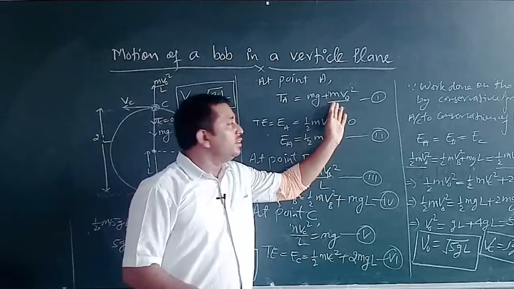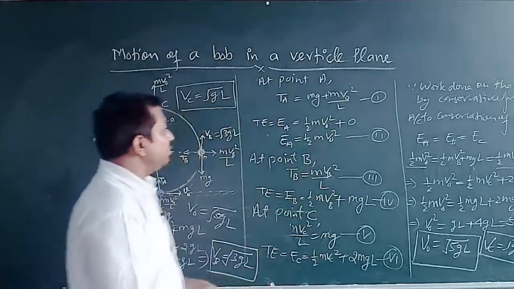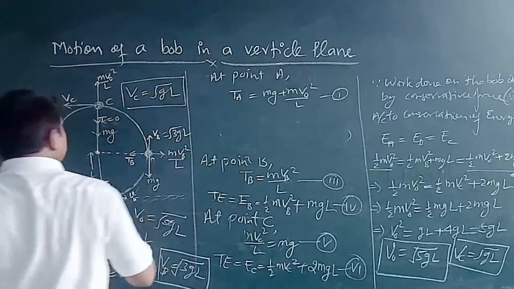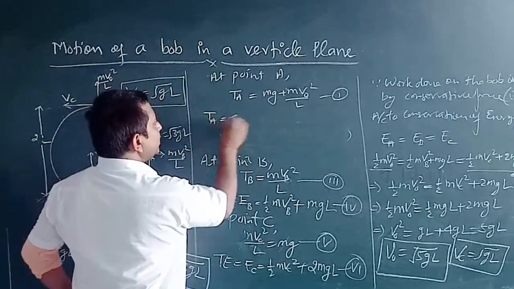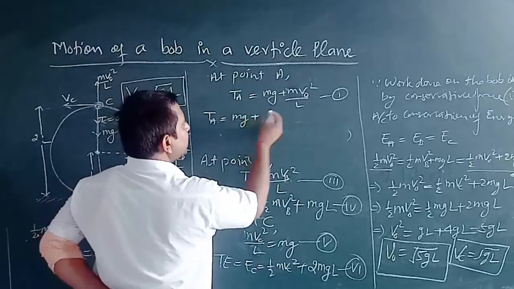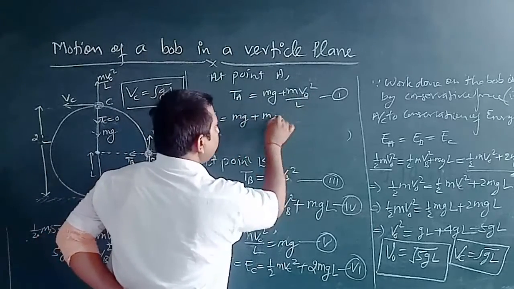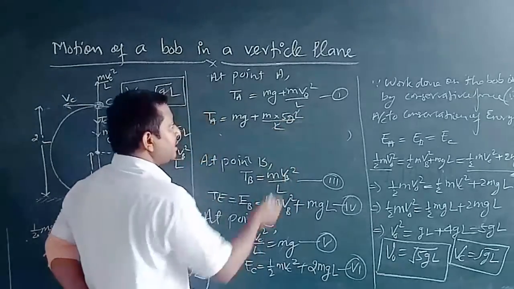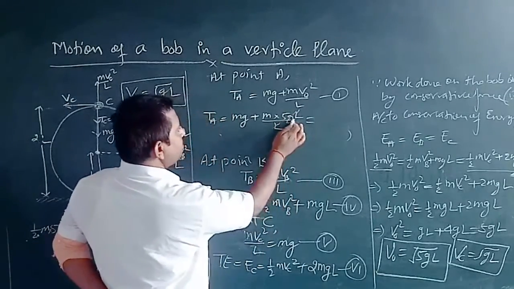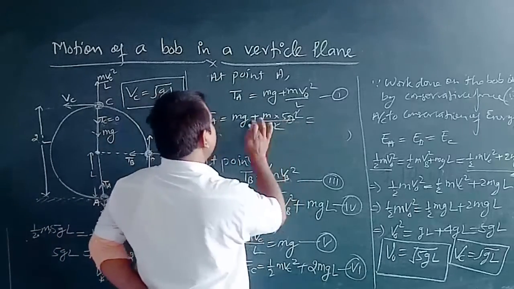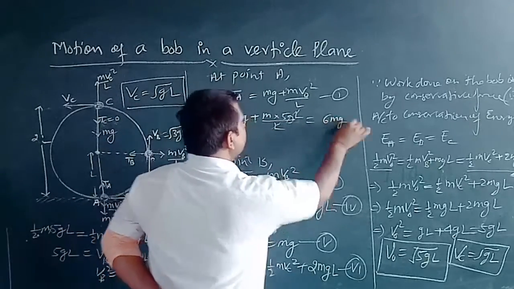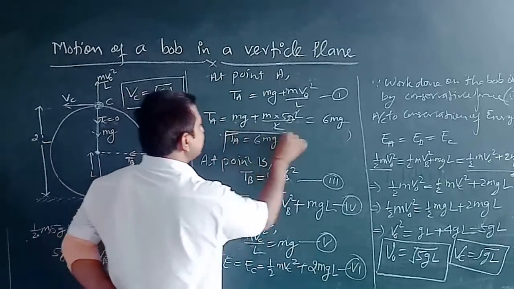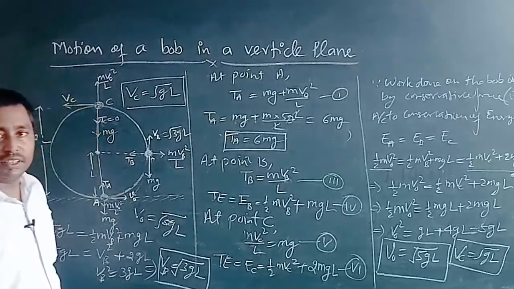Now let us put, then TA is equal to mg plus m into v square, it means 5gl divided by l. So l and l cancel, this becomes 5mg and this is mg, so 5mg plus mg, that is 6mg. So the total tension at the lowest point is 6mg.